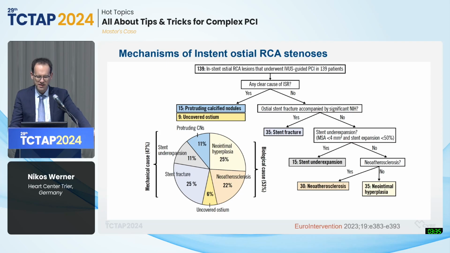This is a nice study in neurointervention showing that in most of the cases you have neointimal hyperplasia, neoatherosclerosis, and stent under expansion. Interestingly enough, in our case, it was all of the three mentioned entities, and this is important for the further treatment.